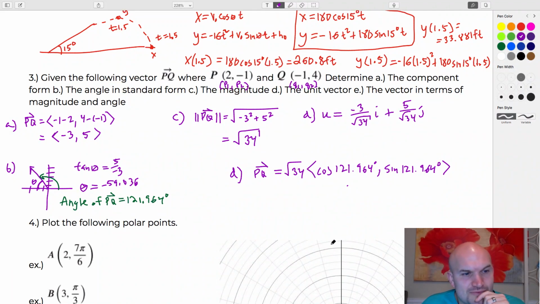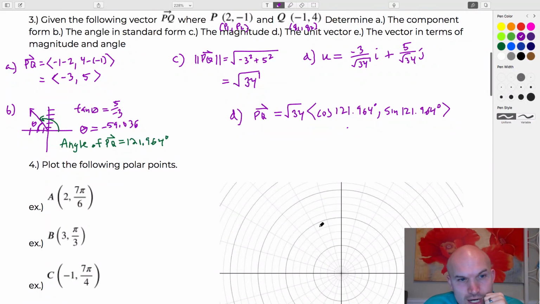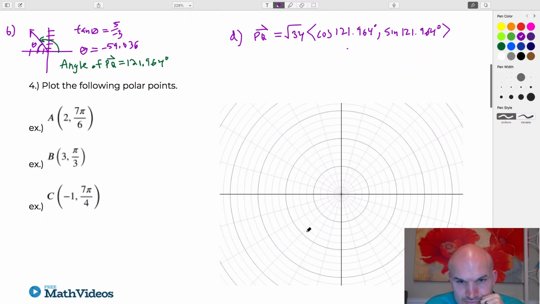All right, the last one here is plot the polar points. We had the polar points here, and this actually showed up a little bit better on here than it did for my students on the printing. We're going to disregard this first line that's really at the 15 degree mark. So it's 15, 30, 45, 60, 75, 90. We're going to disregard the 15.